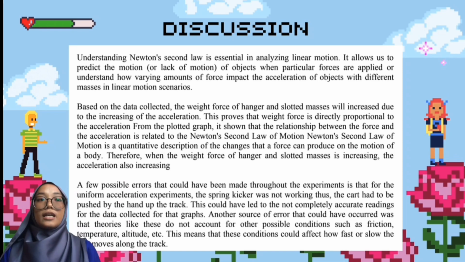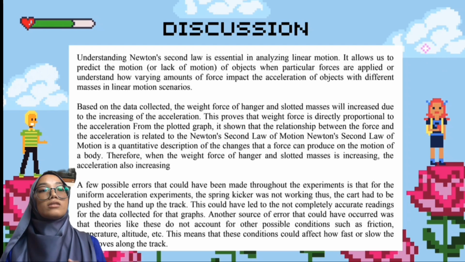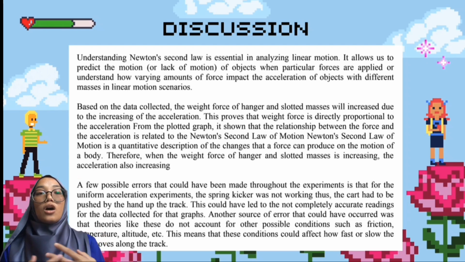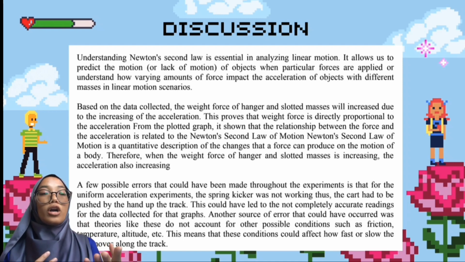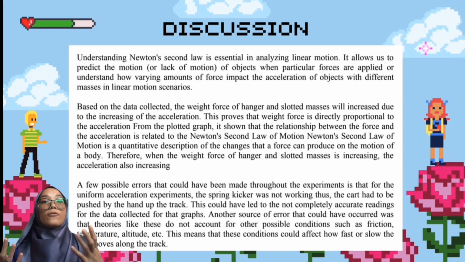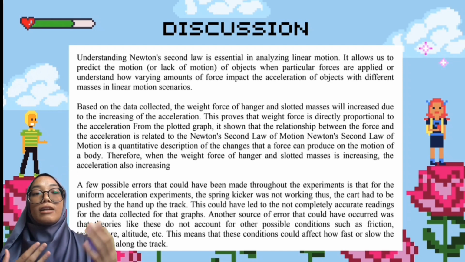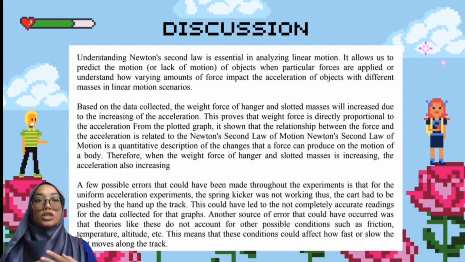Understanding Newton's second law is essential in analyzing linear motion. It allows us to predict the motion or lack of motion of an object when particular forces are applied, or understand how varying amounts of force impact the acceleration of objects with different masses in linear motion scenarios.